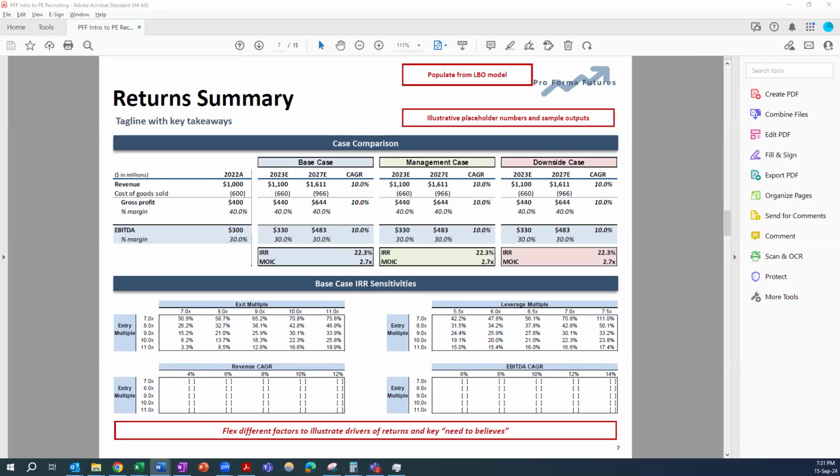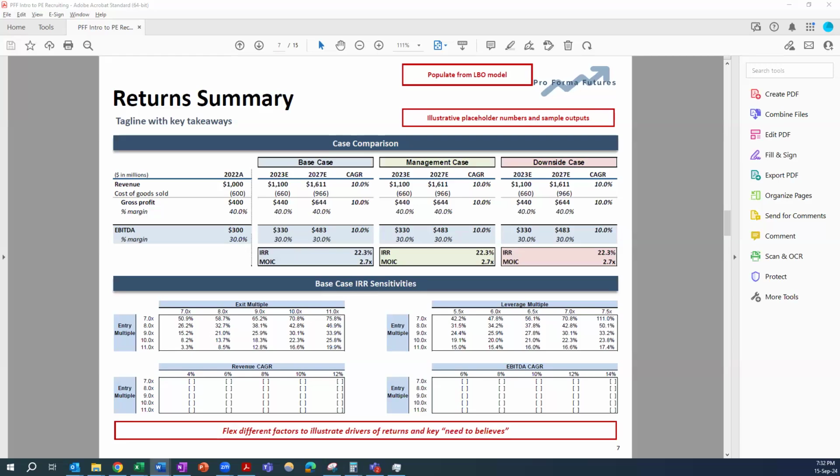And then I think the downside case is also important, thinking about what can go wrong. The things you sensitize for or change should probably coincide with what you have on your key considerations, key risks a few slides prior. The base case and the downside case are both great points to highlight that you thought about the business.